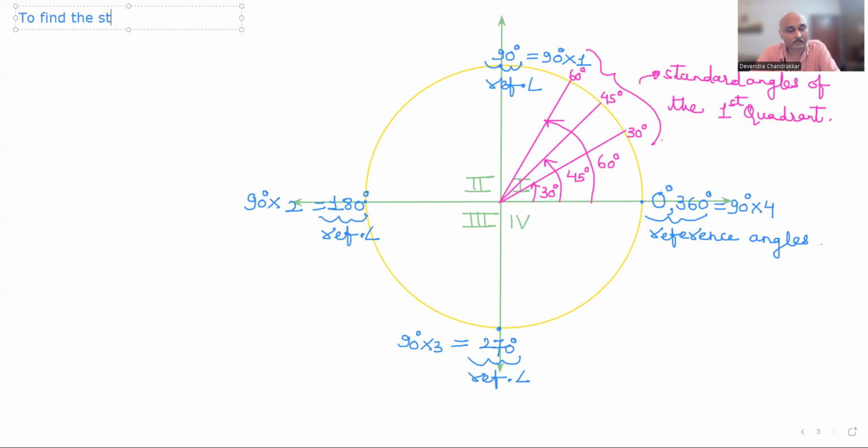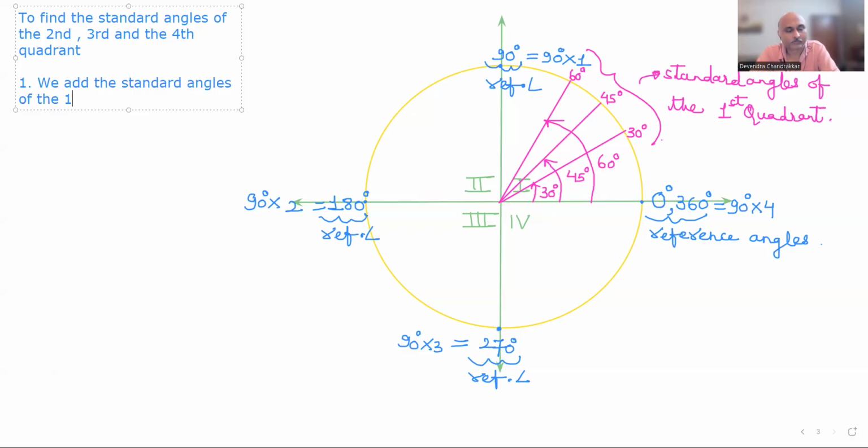To find the standard angles of the second, third, and fourth quadrants, there are two methods. First, we add the standard angles of the first quadrant to the smaller reference angle of the respective quadrant.